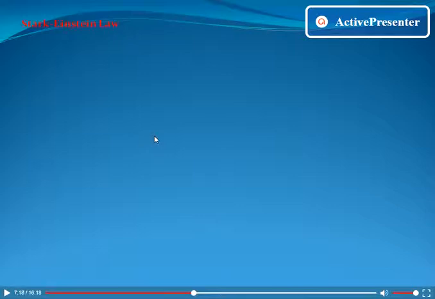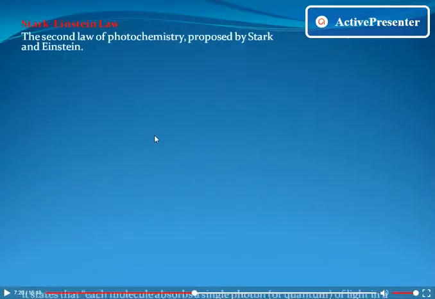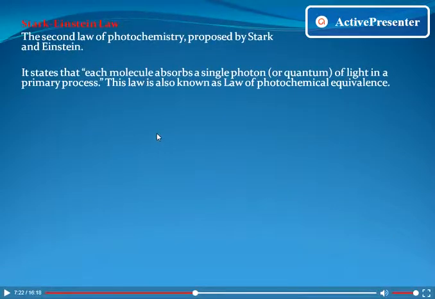Now let's look at the Stark-Einstein law. This one states that each molecule absorbs a single photon of light in the primary process. So here the primary process would mean at the beginning of a reaction.